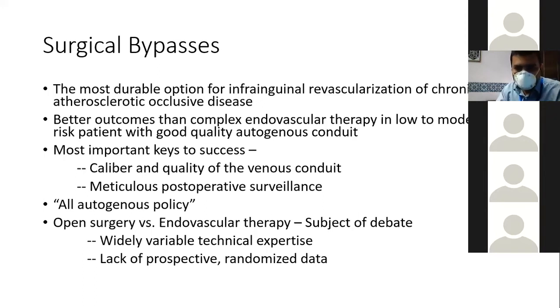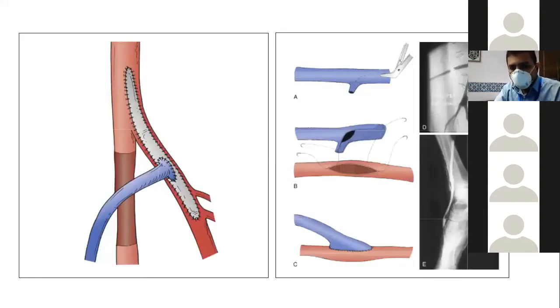This continues, and there is a little bit of a lack of prospective randomized trials. So for open surgery, there are many techniques we can use: reverse, non-reverse in situ, and we can also perform the endarterectomy, the Linton patch, or we can use distal bypasses of different configurations.